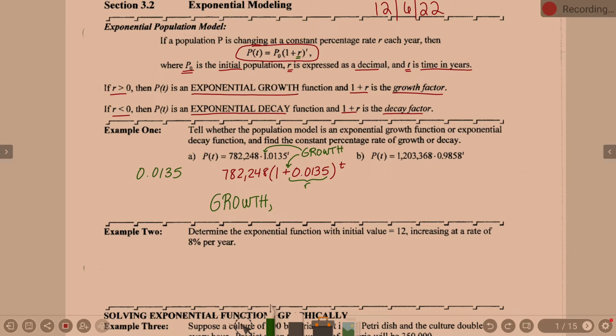I think you had an extra 1 on the front, didn't you? Yes, it's 100. Okay. So what do we need to do to change 0.0135 to a percent? Multiply by 100, move the decimal to the right, and so then this is 1.35%.